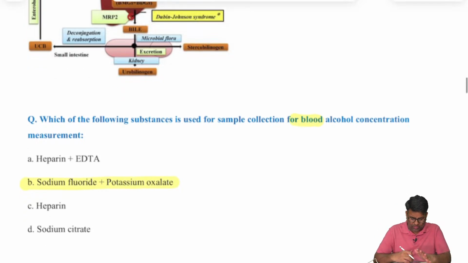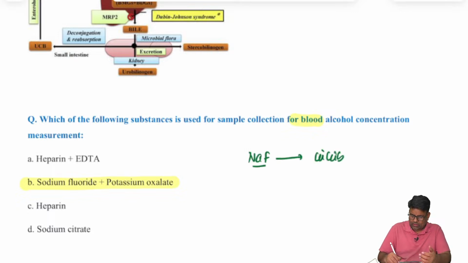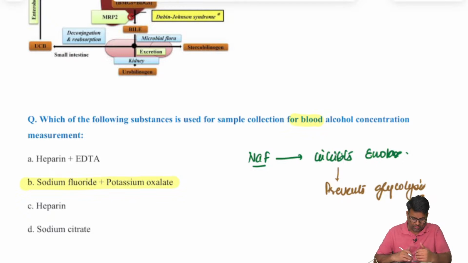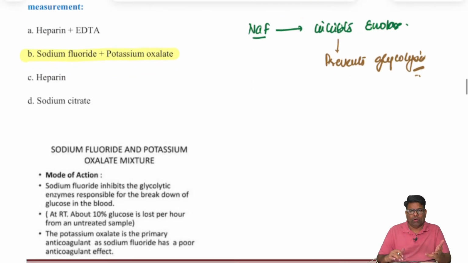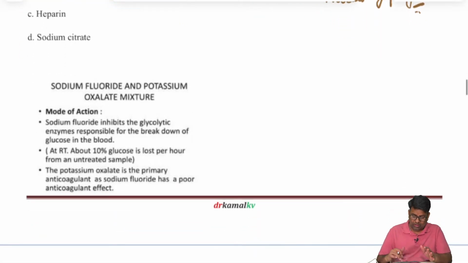Because sodium fluoride inhibits enolase. By inhibiting enolase, it prevents glycolysis. So that is the importance of adding sodium fluoride to potassium oxalate, and it is very important while you are saving a sample for measurement.